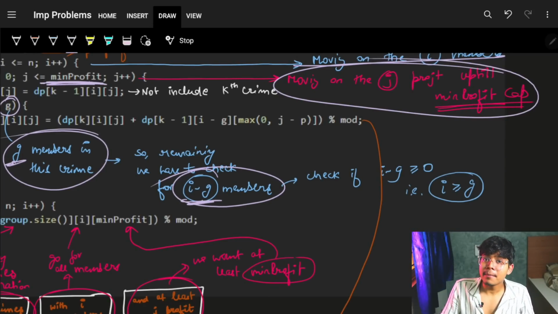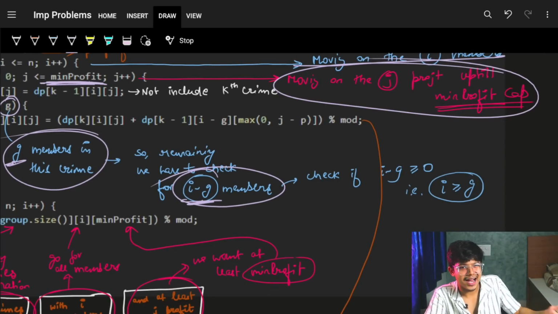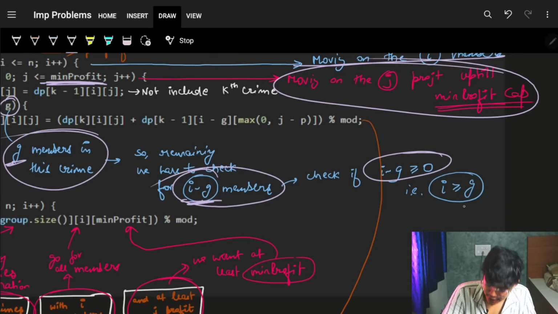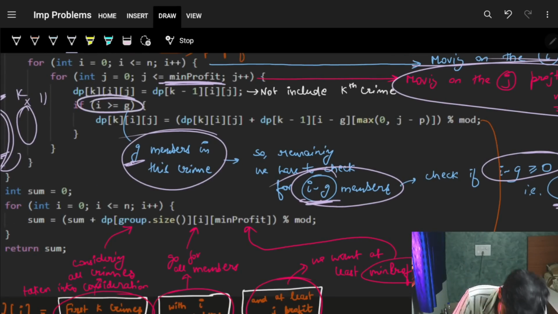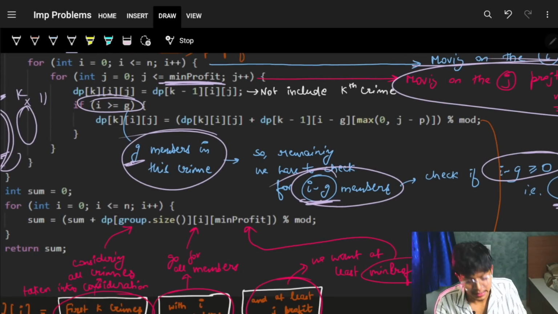If I minus G members are remaining, I have to make sure I minus G is more than or equal to 0, because I can't look for a negative number of members. So I minus G should be more than or equal to 0, which means I should be more than or equal to G. Thus, I put a condition, I should be more than or equal to G, to actually go and look at the before members, if it is the case.